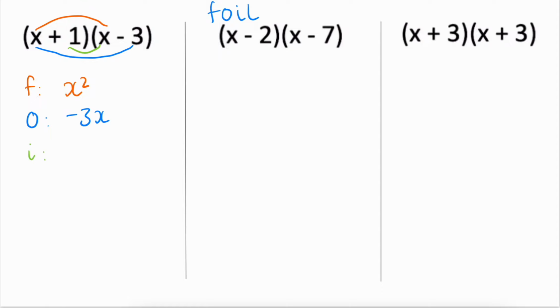So the inside is 1x, or just x we often write. And then the last one there is minus 3, because it's minus 3 times 1. And now I can gather all that together. So I have x squared minus 3x plus x minus 3.